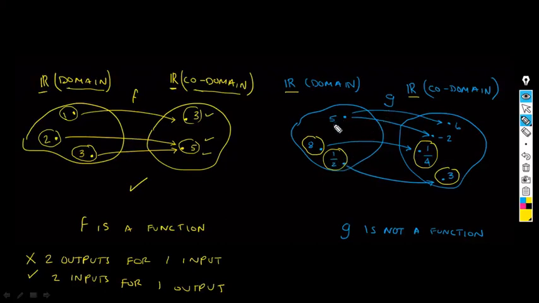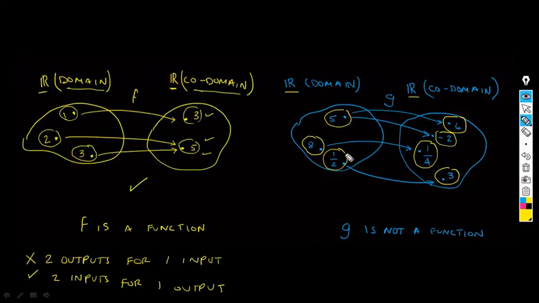But the violation occurs right here. The number 5 is being associated with two outputs, okay? The number 6 and the number -2. And this breaks the rule, the requirement, okay? Remember, we cannot have two outputs for a single input, okay?